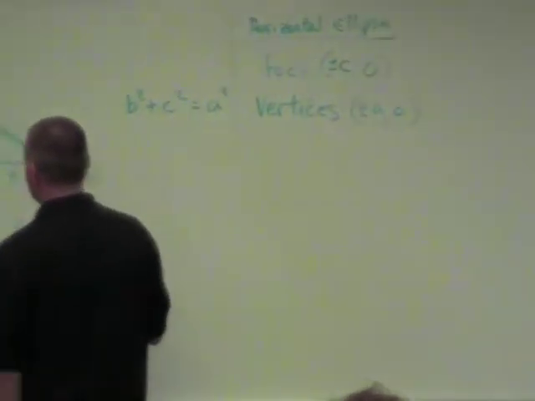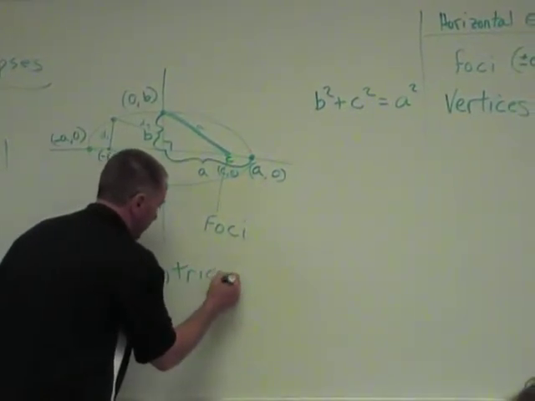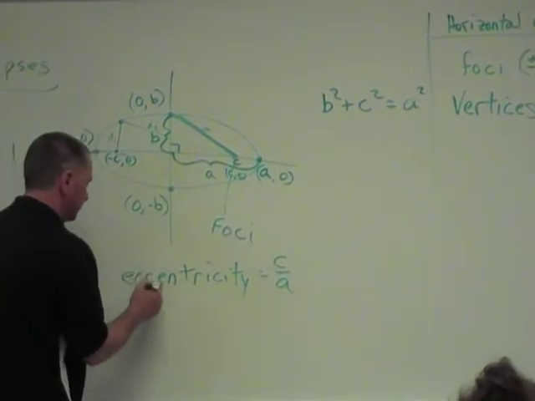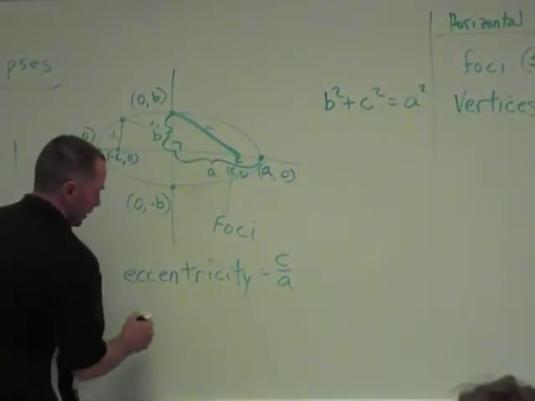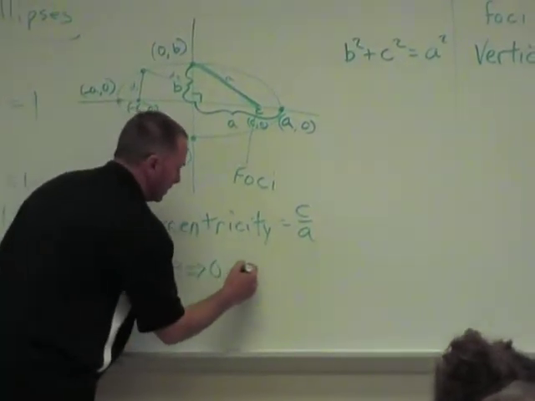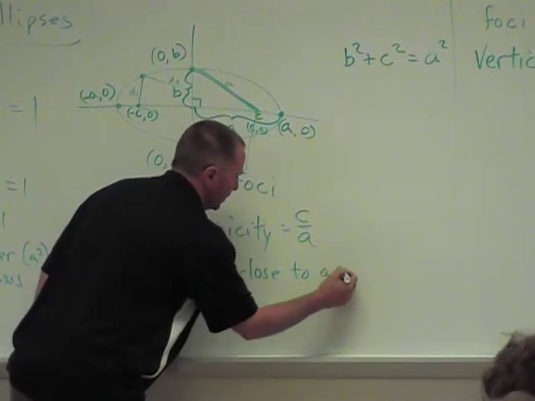Okay, and then, let's see. Ooh, we forgot something. The eccentricity is c over a. And if it's close to 0, it's close to a circle.